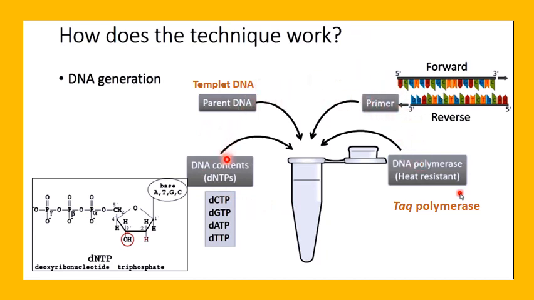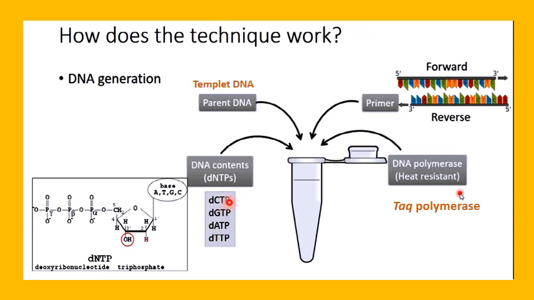We must prepare this smallest Eppendorf tube of PCR, and this is the general component of the PCR technique. Firstly, we add a template DNA or parent DNA having the particular sequence of that gene we want to amplify.